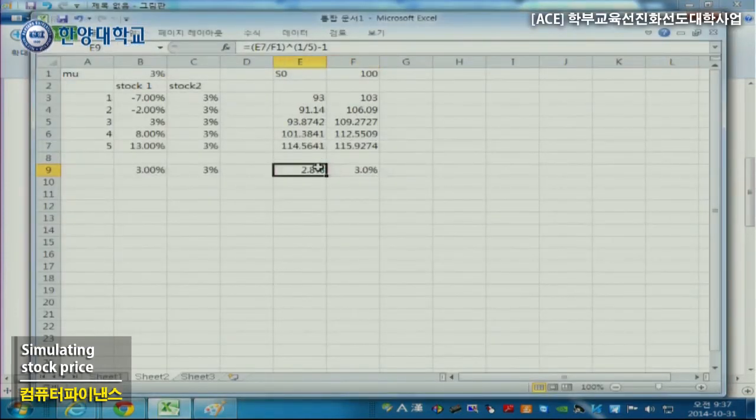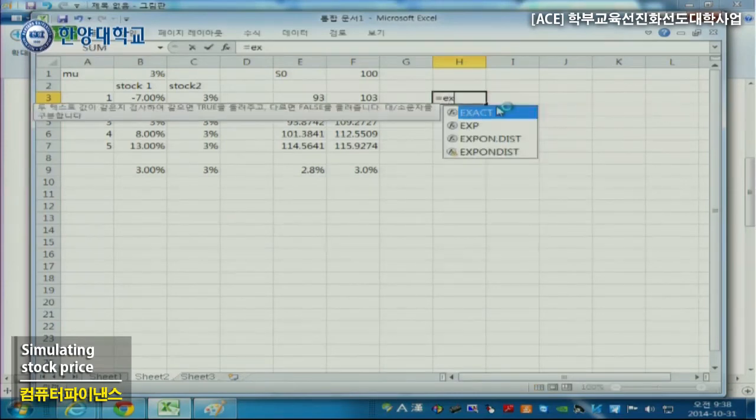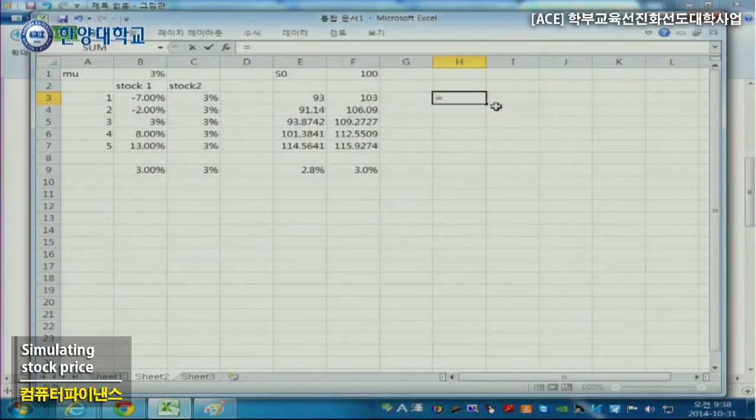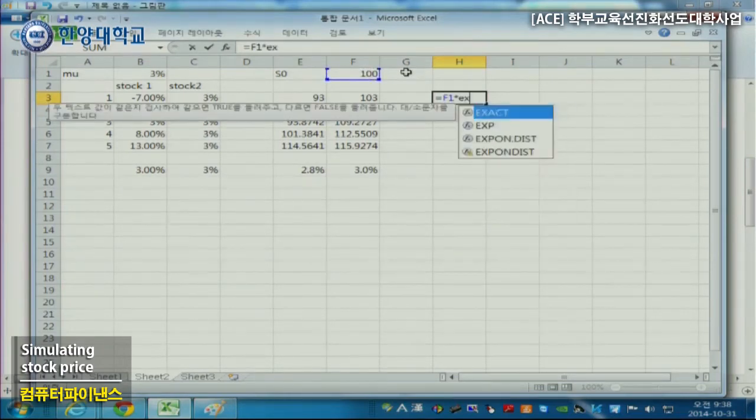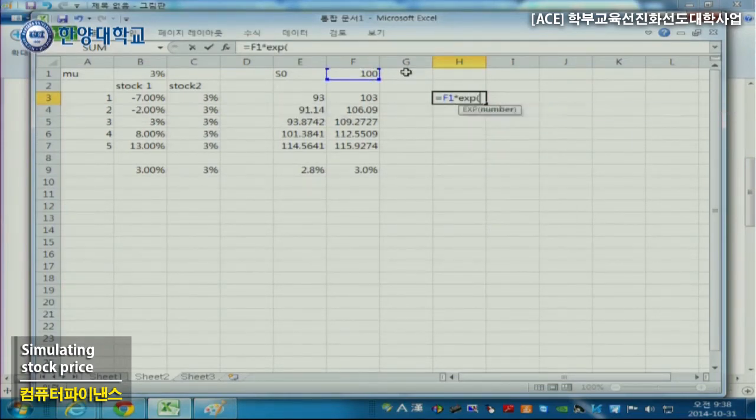While I'm calculating this one, if we think of it in terms of exponential function, so exponential, then let's say this one multiplied by expected return of this one.